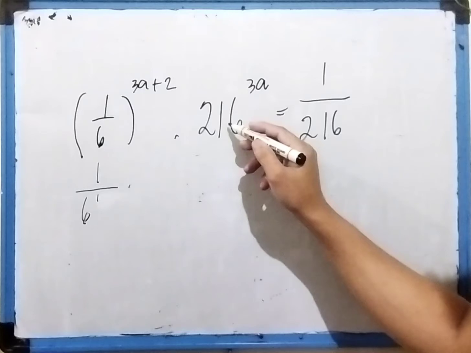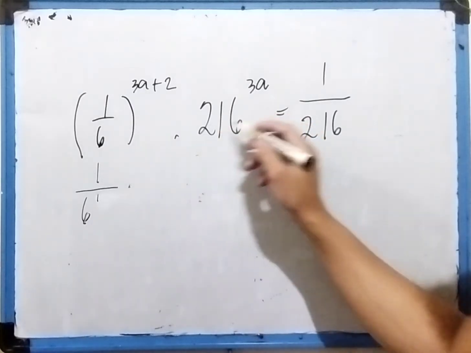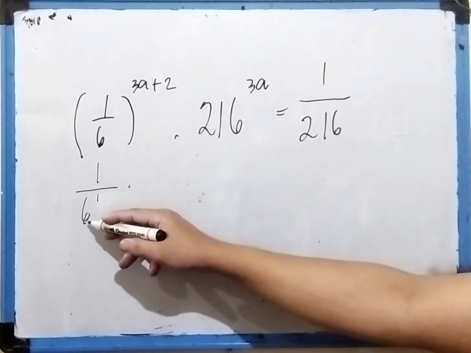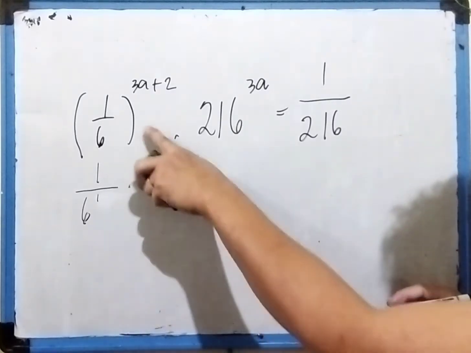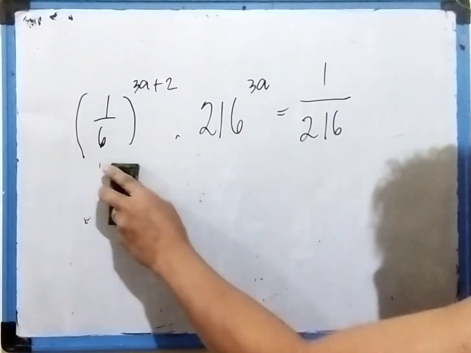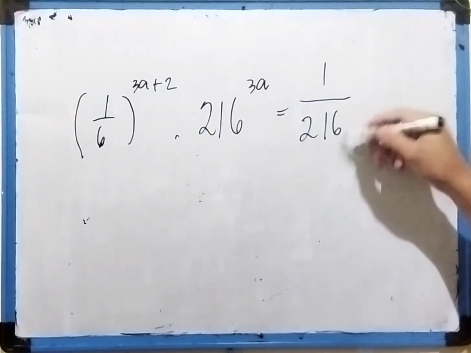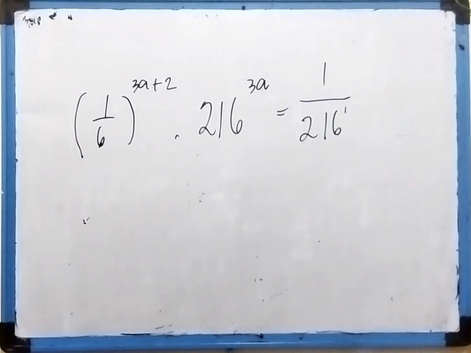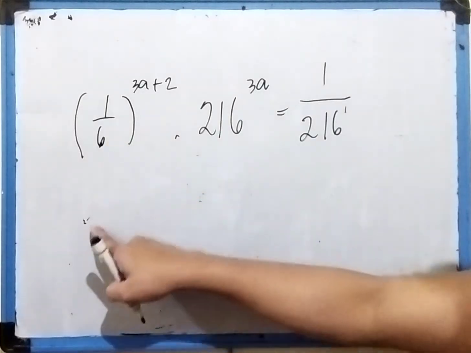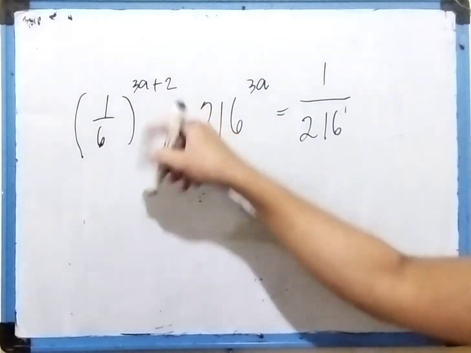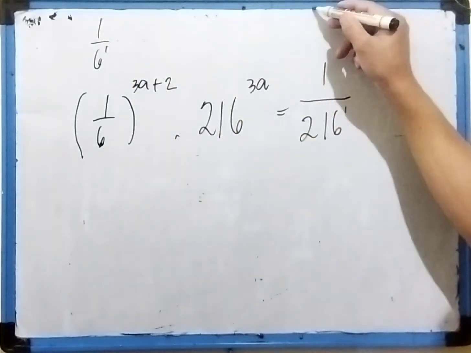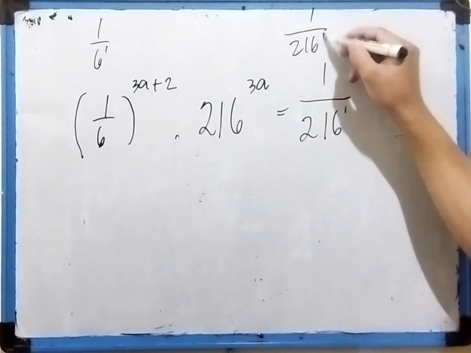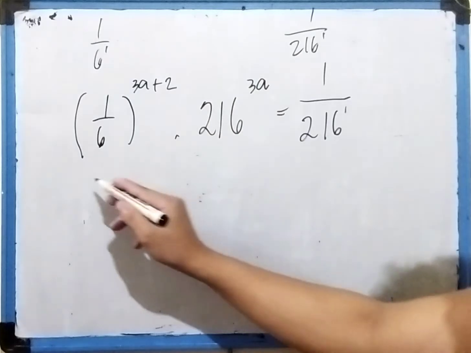Then this one is 216. Pwede natin siyang i-write dyan as base 6. Pwede po yun. Si 1 over 6 is 1 over 6 raised to 1. Si 1 over 216 can also be presented as negative 1. So ito, pwede na natin siyang iangat. Coming from 1 over 6 raised to 1 and 1 over 216 raised to 1, iangat lang natin siya.